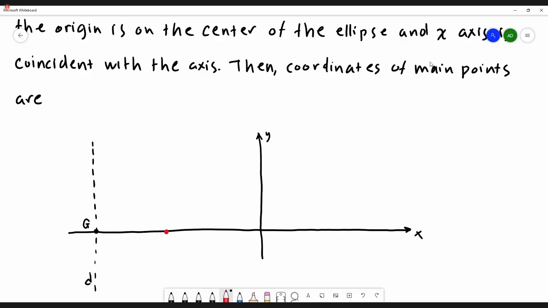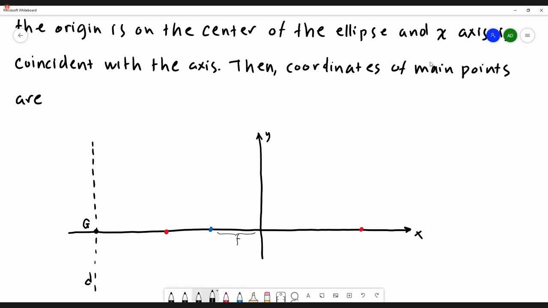Say that we have the focus here. Nice. Now, we again call this distance f. This will be our most important parameter.